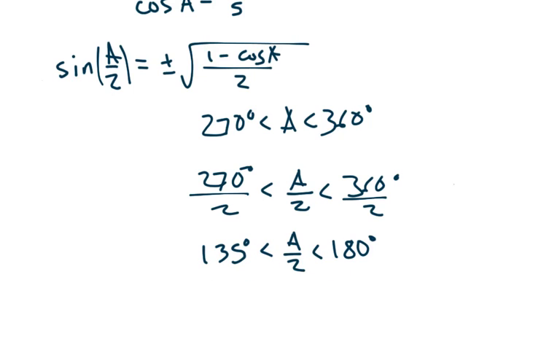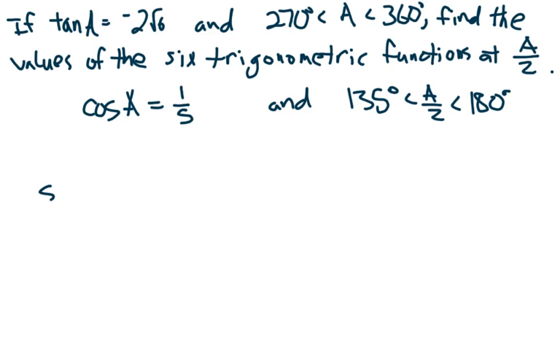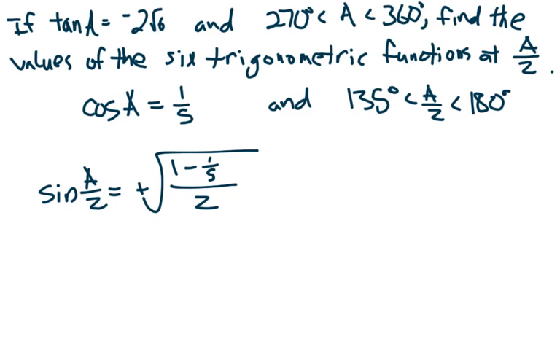Sine is positive in the 2nd quadrant, so we're going to pick the positive square root here. So let's get back to it. Sine of a over 2 is going to be the positive square root of 1 minus cosine of a over 2. Cosine of a is 1/5, so 1 minus 1/5 all over 2 inside the square root.